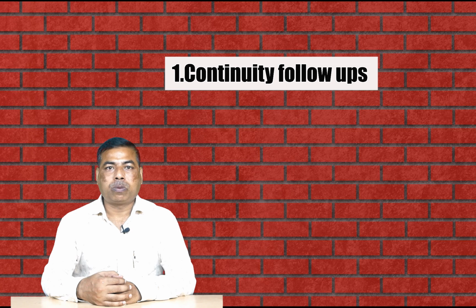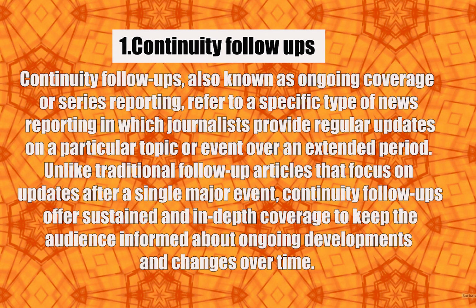Number 1, continuity follow-ups. Continuity follow-ups, also known as ongoing coverage or series reporting, refer to a specific type of news reporting in which journalists provide regular updates on a particular topic or event over an extended period, unlike traditional follow-up articles that focus on updates after a single major event.